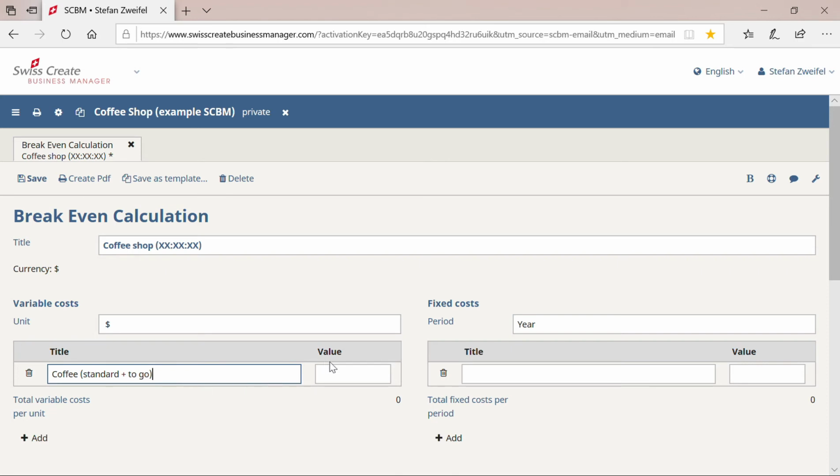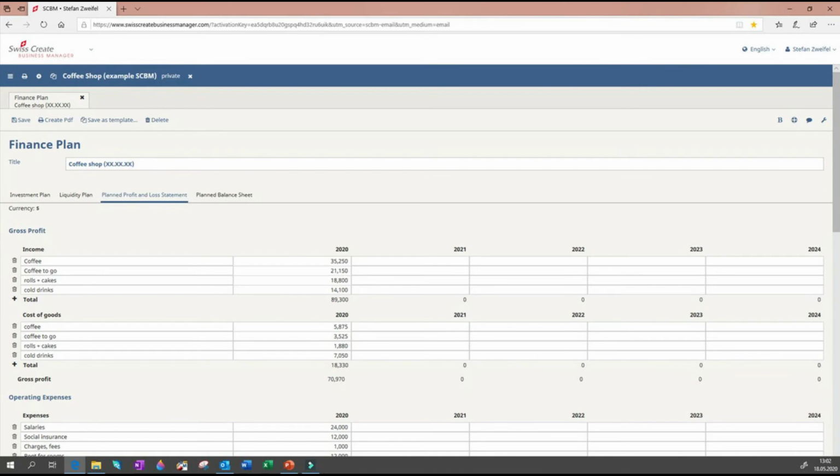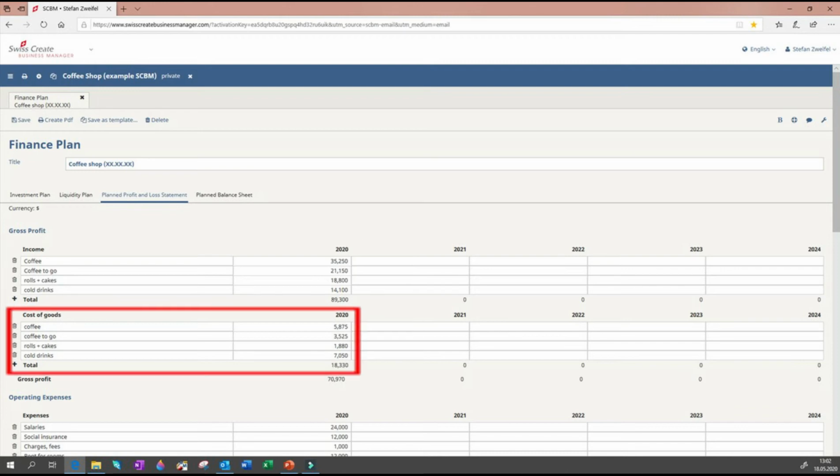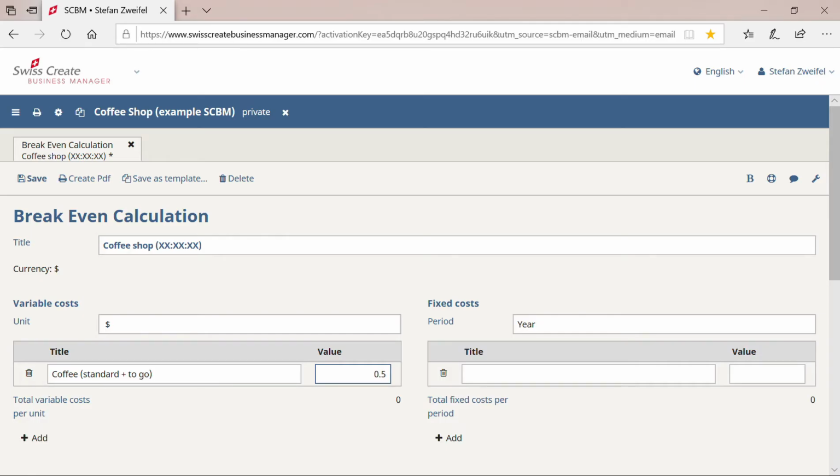And for my costs, I can have a look at the planned profit and loss statement. Here I have the profit and loss statement, and as you remember, here is the turnover, here the costs, and to get these numbers I had to calculate with the variable costs. These were 50 cents per cup.